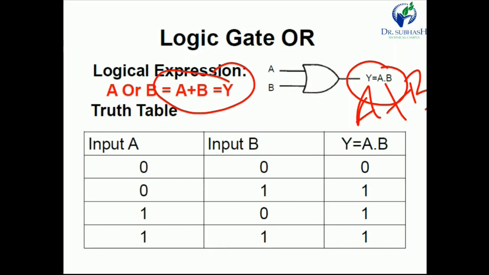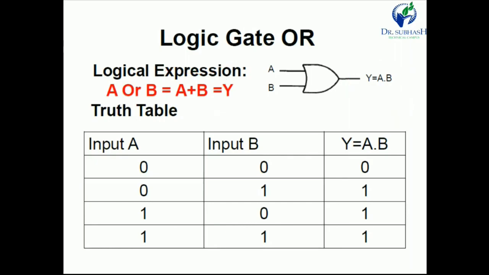Here is given the truth table: A is 0 0 1 1, B is 0 1 0 1, and the output is 0 1 1 1. So this one is about the truth table of the logic OR gate. You have to remember this point, and you should draw this table in your book so you can remember it easily. So this one is about the OR gate.